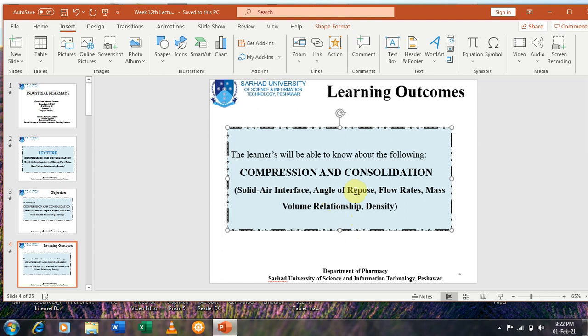If the flow is poor, then we have to add the material to enhance the flow rates.